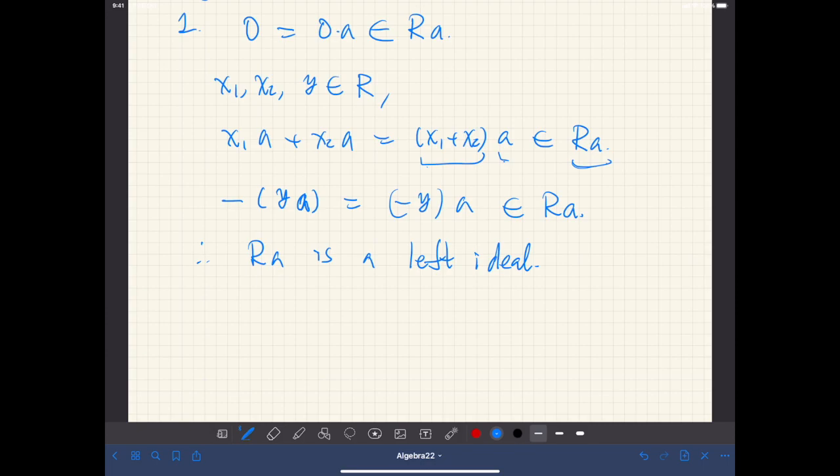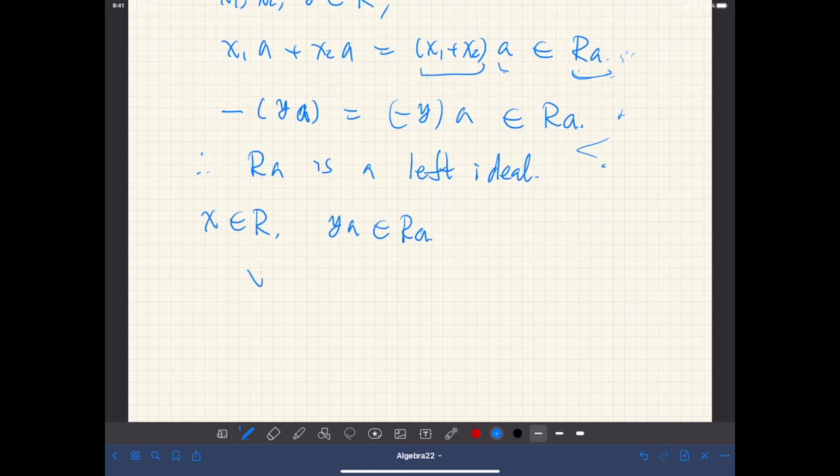Well, maybe there is a jump in logic here, but these two prove that Ra is an additive subgroup of R. But if we pick any element x from the ring and multiply, any element in Ra can be expressed as ya.